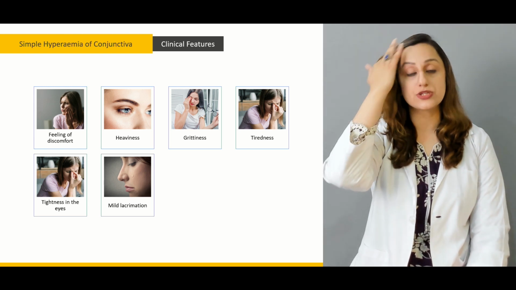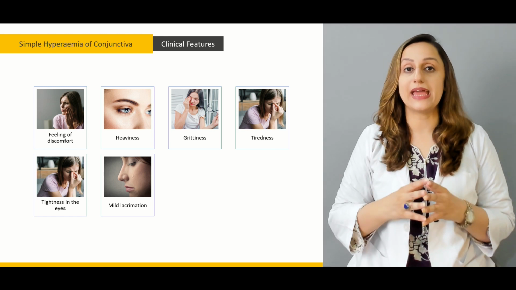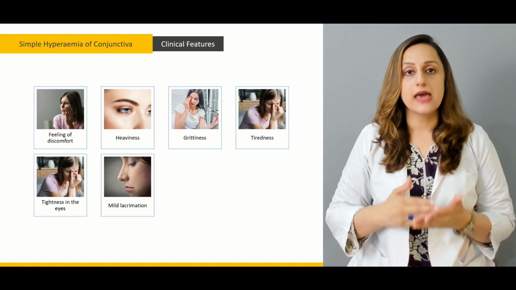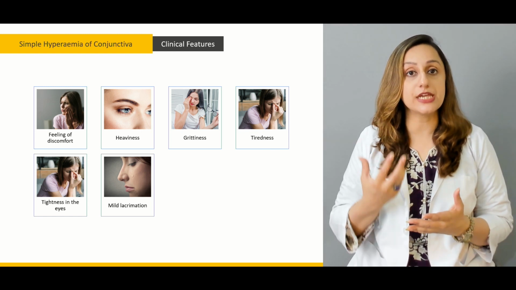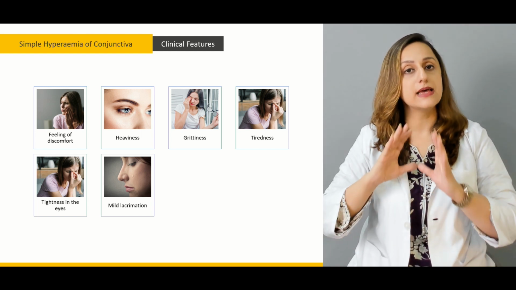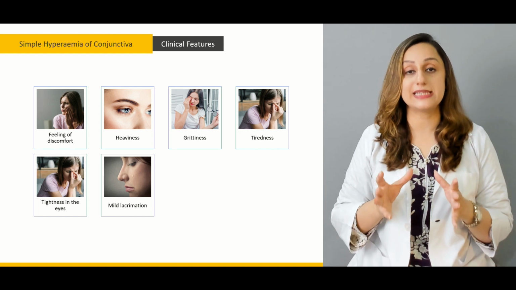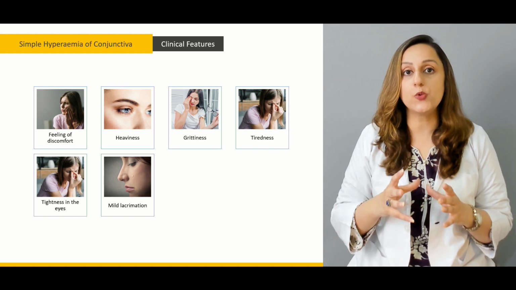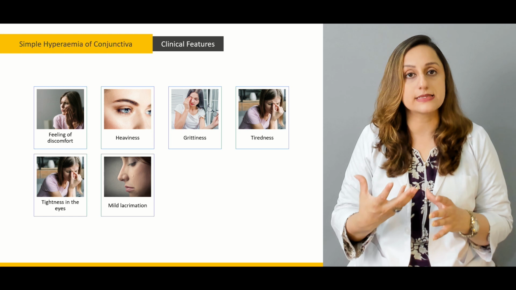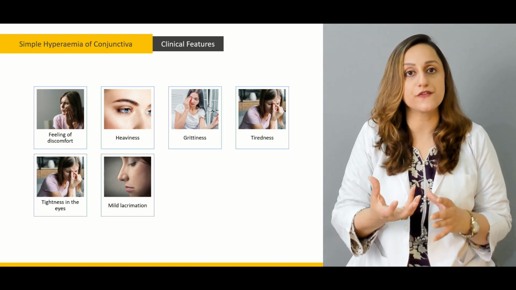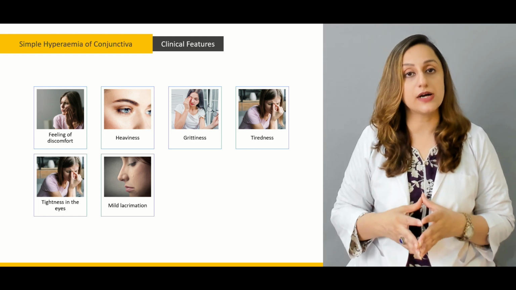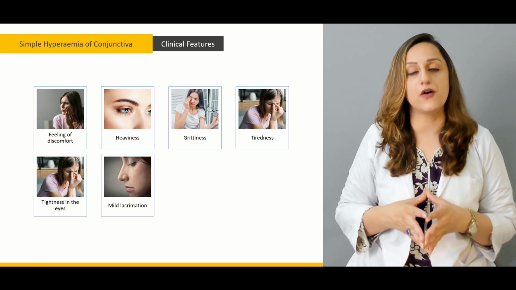Now, one has to distinguish that whenever we have cases of viral, bacterial, or fungal conjunctivitis, they have that mucopurulent sticky discharge coming out of the eyes. So it's not just the hyperemia of the eyes. This hyperemia in the infectious states is usually coupled along with the mucopurulent discharge and the stickiness of the eyes, and that would be diagnostic of the fact that this patient is suffering from some sort of infectious state rather than just the simple hyperemia of the conjunctiva.